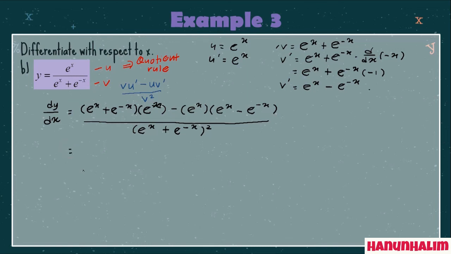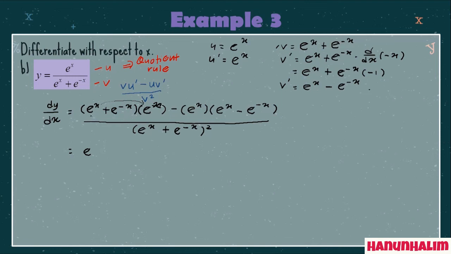Okay, lepas tu kita nak simplify kita punya jawapan. So how kita nak simplify jawapan kita ni? One of the method is kita boleh expand. Okay, so bila kita expand, first e to the power of x darab dengan e to the power of x, dia akan jadi e to the power of, yang ni kena hati-hati. Ini kita akan guna konsep index. Bila e to the power of x darab dengan e to the power of x, base dia sama e.